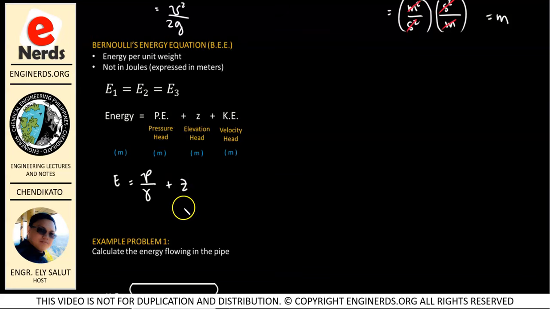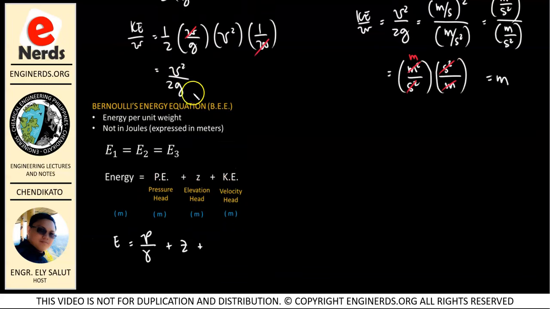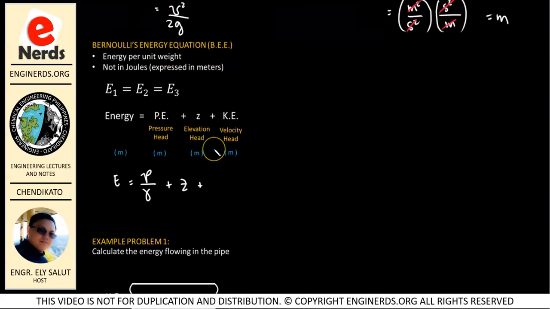So this is the energy due to position of the fluid. Plus our kinetic energy or the velocity head. So ano yung formula natin sa velocity head? Ito, V squared over 2G. So we have here velocity squared over 2G. So this is the formula for energy, or what we also called sa ating previous video as the total energy.